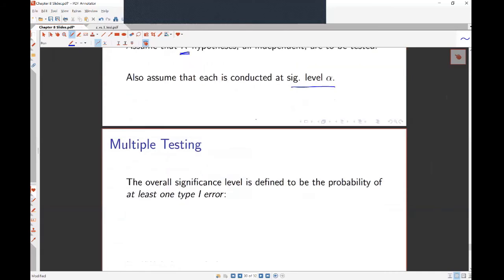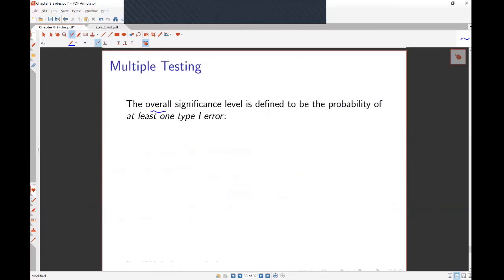Well, the overall significance level is then defined as the probability that at least one type 1 error occurs. So what is this value? What is the probability of having at least one type 1 error?